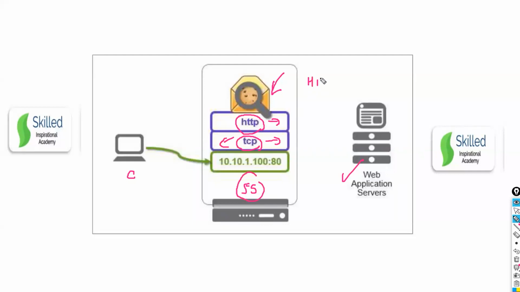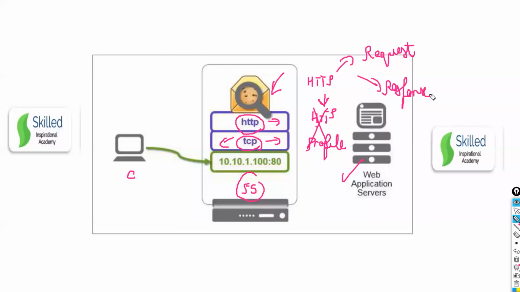Let's say HTTP traffic comes in. If you don't have an HTTP profile, then F5 cannot look inside the HTTP packet. It does not have visibility into what is coming inside your HTTP. An HTTP packet has a request header and a response header. F5 will never come to know what is inside it.